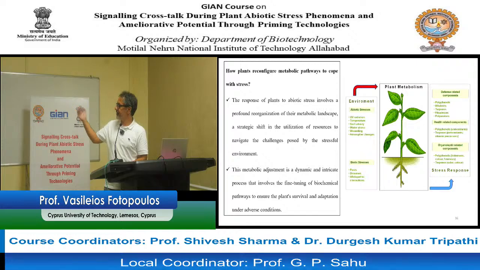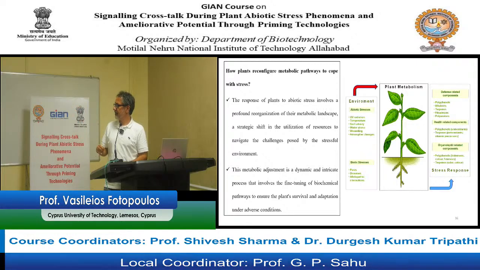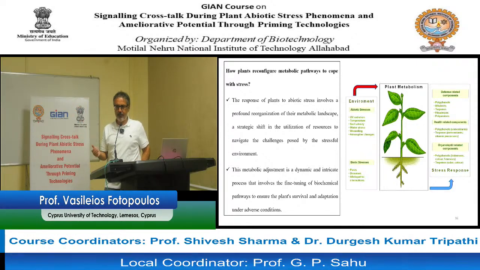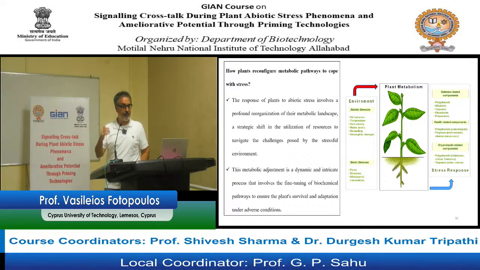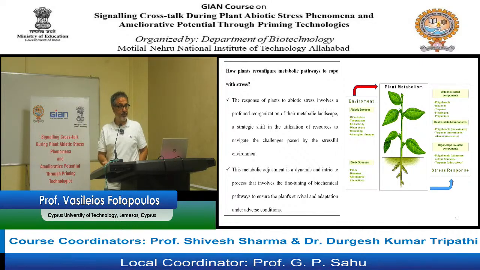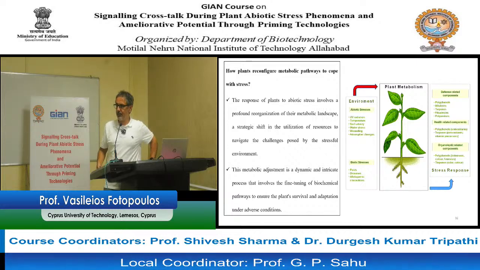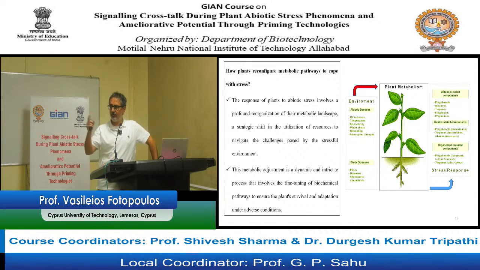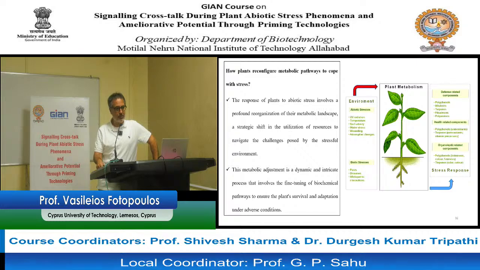So, the defense-related components covers many, many different things. You have alkaloids, you have phenolics, you have flavonoids, you have all sorts of wonderful secondary metabolites. We have terpenoids, and terpenoids are also very important because they're the only class of gaseous secondary metabolites. Okay, and you have a vast range of terpenoids.